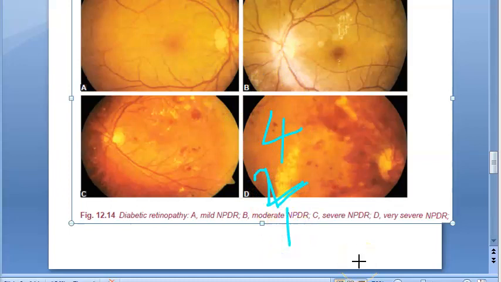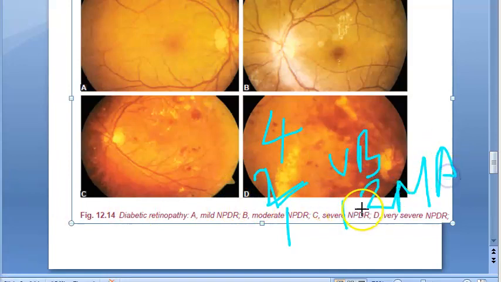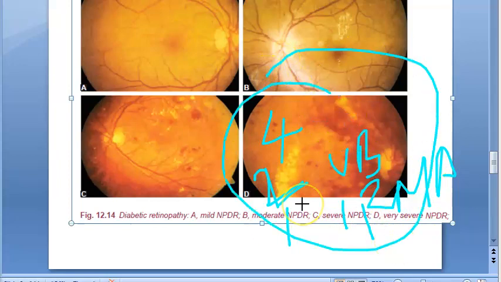In very severe, guys, we are looking at very severe NPDR, wake up. Now in very severe NPDR: 4 quadrants of microaneurysms, extensive intraretinal hemorrhages, same thing. 2 quadrants of venous beading, same thing. 1 quadrant of IRMA, same thing. Then what is different here in very severe? Any two of the following will make it very severe. As simple as that.